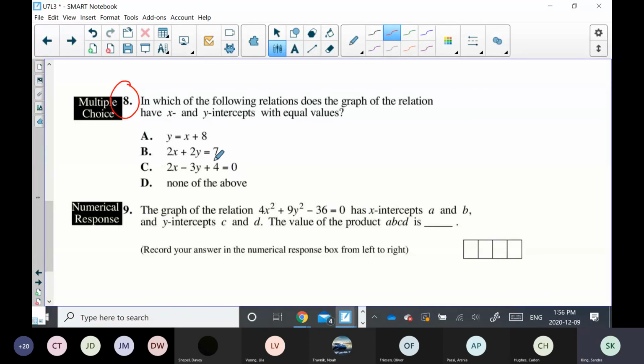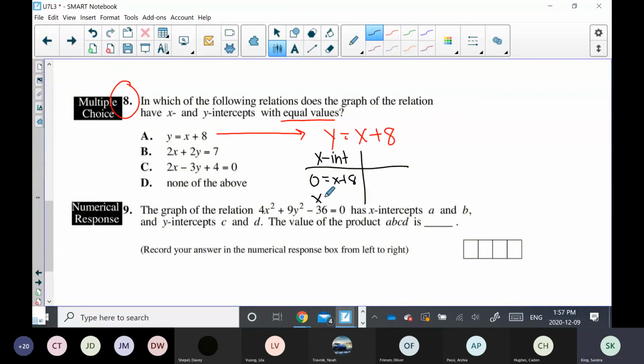So what it says is in which of the following relations does the graphs of the relation have the X and Y intercepts with equal values? So what they're saying is, like, for this equation here, y is equal to x plus 8. It wants you to find both the X and the Y intercept, and one of these are going to have the exact same X and Y intercept. So for example, for this one here, if I calculated the X-intercept, I would let y equal 0.